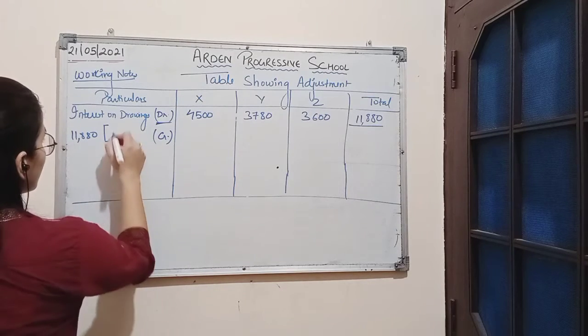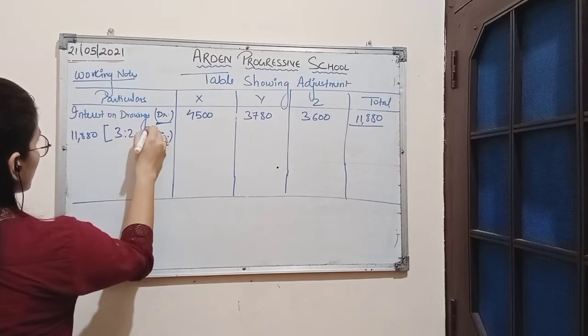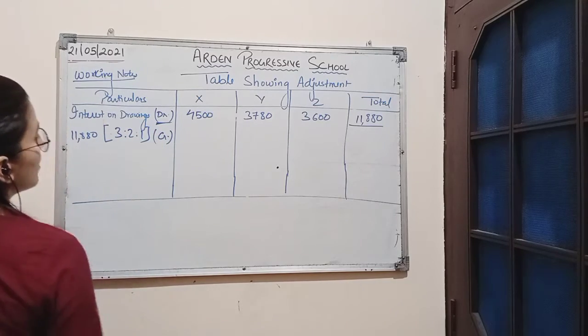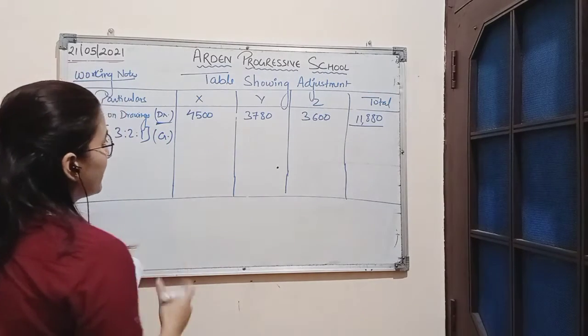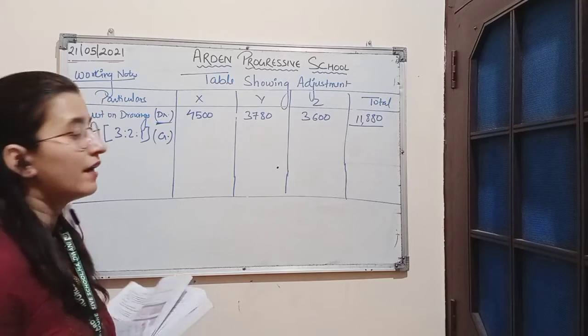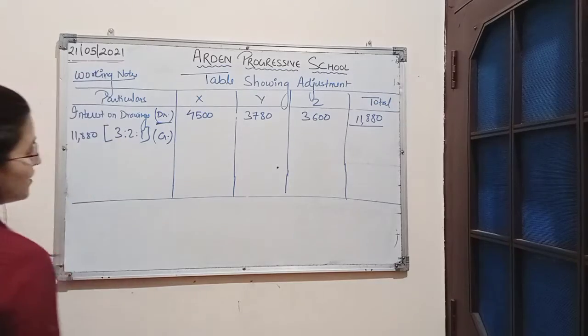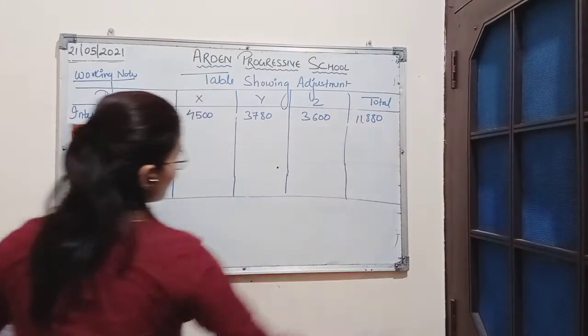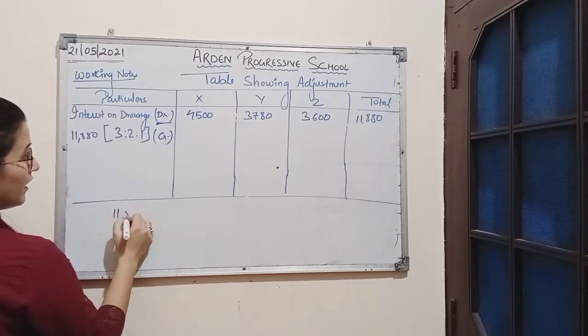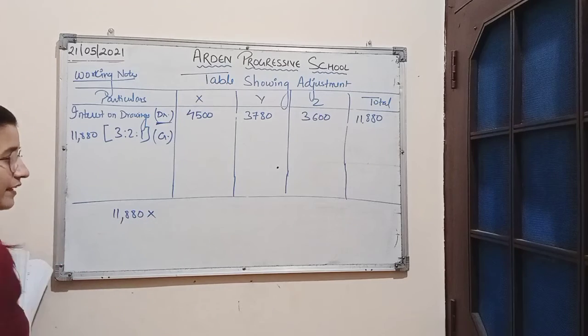Profit sharing ratio is 3:2:1. So now let's see which partner will get the amount from the firm and what amount the firm will have to pay to the partners. So as we know, total amount is rupees 11,880 and share of X is 3.